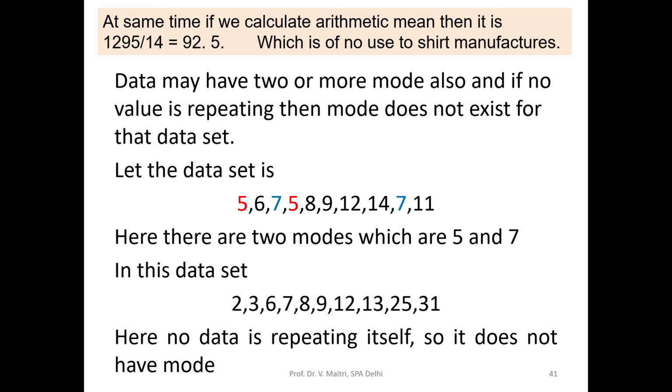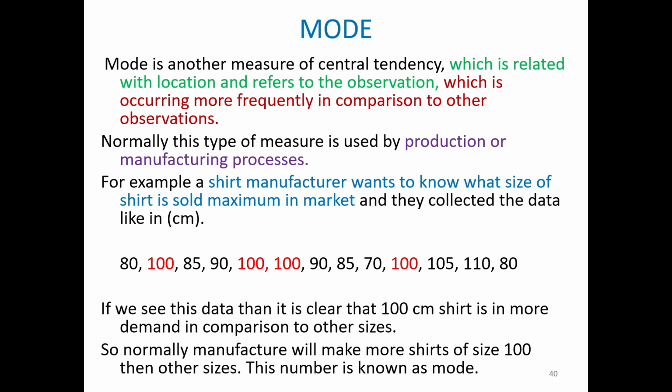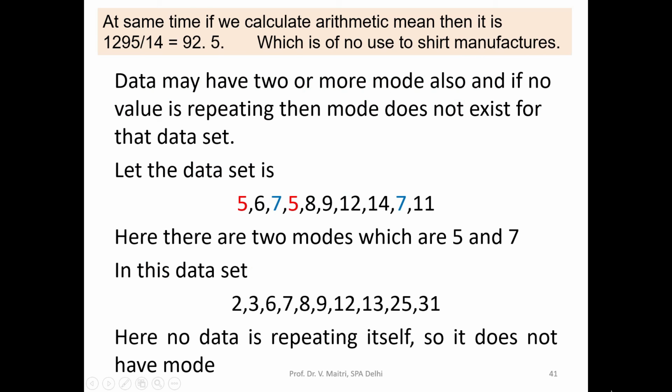And if he had calculated the mean, what would the mean have come to? You just sum up all these values, that value comes out to be 1295 divided by 14, so 92.5. So this mean is of no use to the manufacturer.